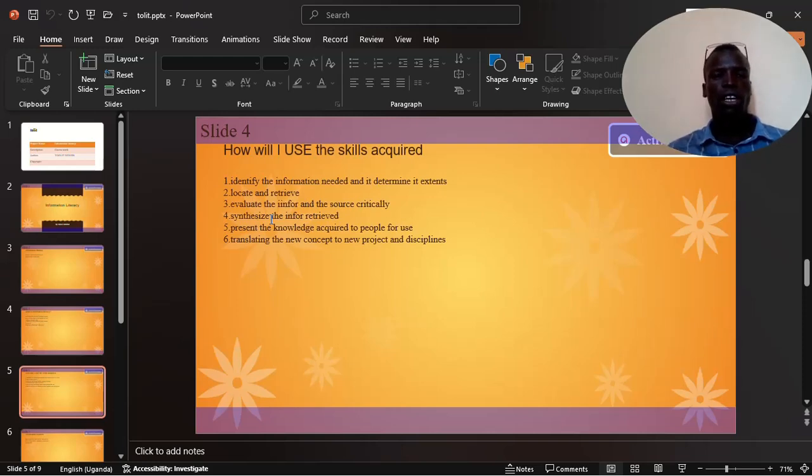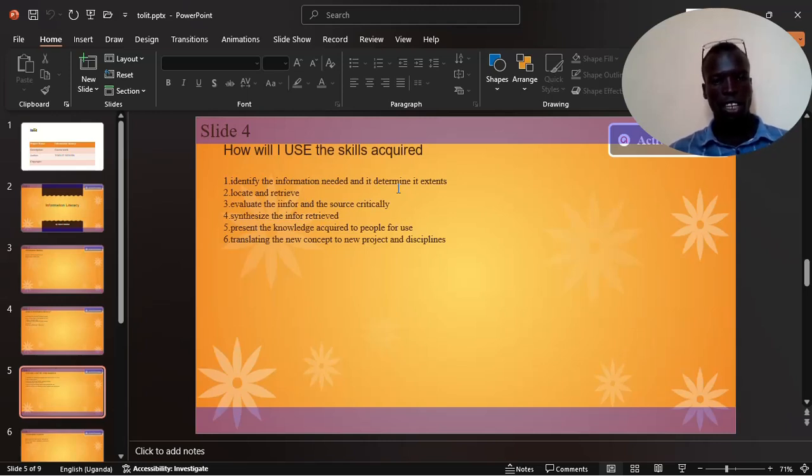The first one is you will be able to identify the information needed and determine its extent. To identify the information means you look where the right information is and determine what the information needs, its extent, where it ends, so you can do your research properly.